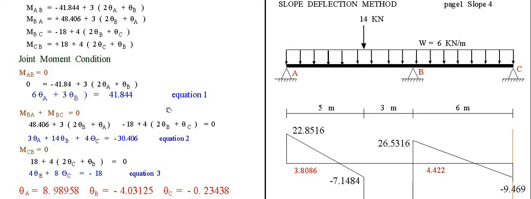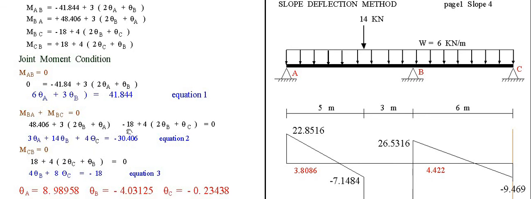Then collect the variable theta with the subscript in alphabetical order. So we have A first, and this is 3 theta A. Theta B, we have here 1 and another 1 here. So this is 6 theta B, this is 8 theta B. 6 and 8 is 14 theta B. Then the C, we have only 1, 4 theta C. Then we add the constant.